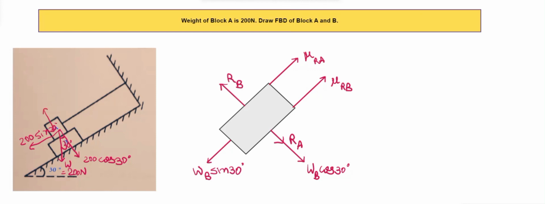We'll show it here, RA, and also as it's connected by a rope, tension will be acting in the rope, which we'll label as T, and the rope will try to pull it towards it. So friction will be acting in the opposite direction, which we'll show here and call mu RA.